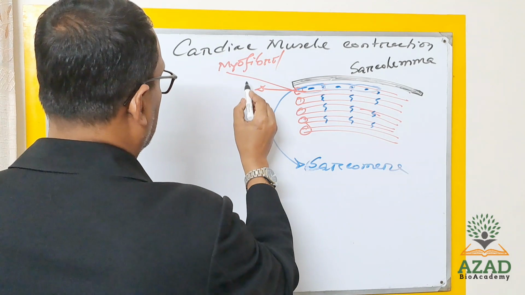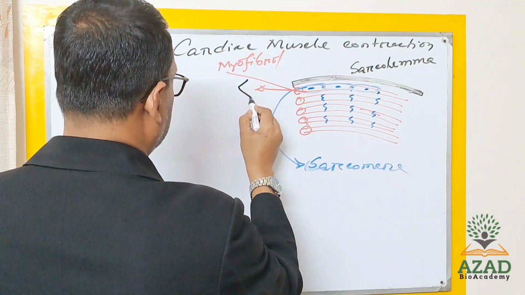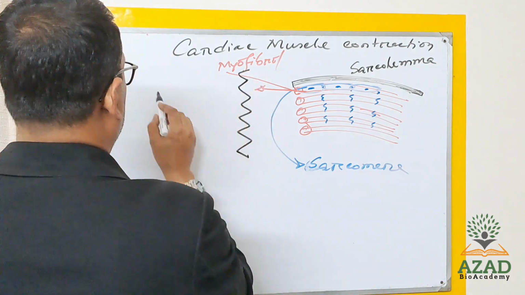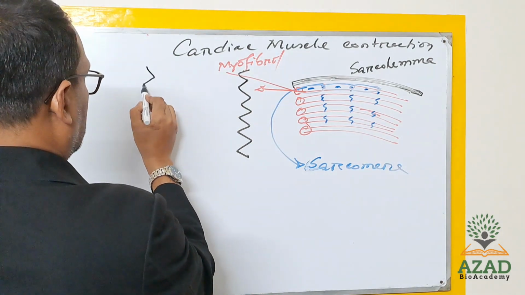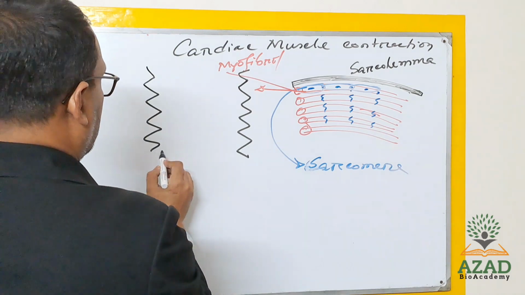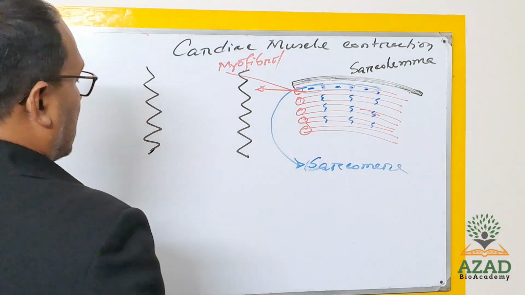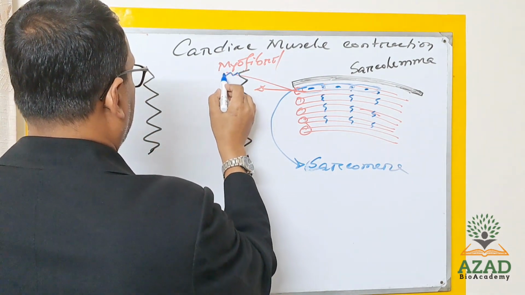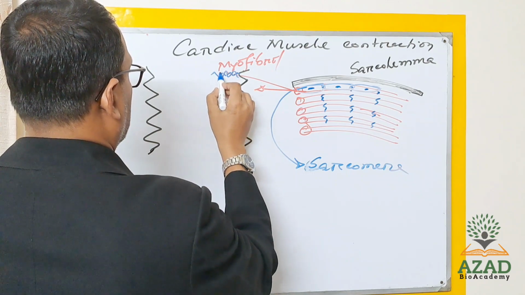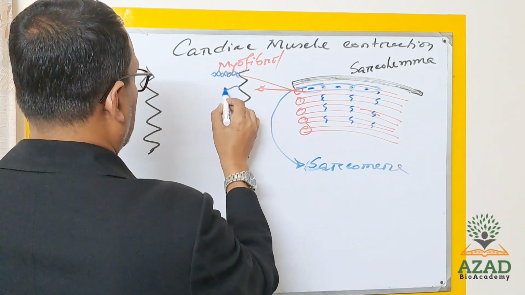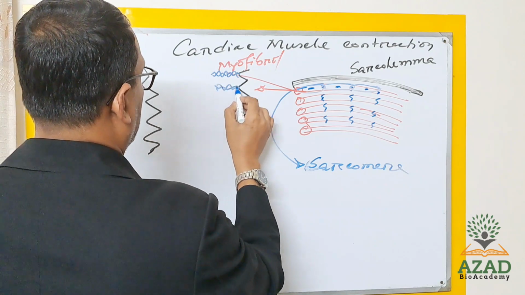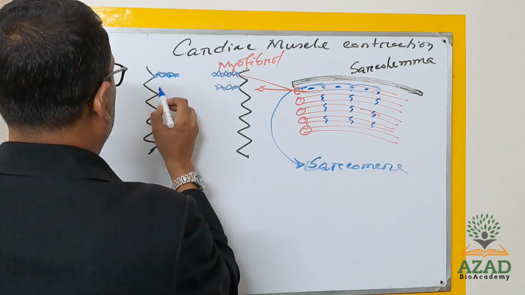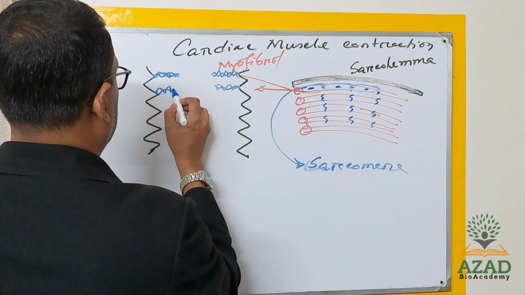This is a Z line, and here this one is also a Z line. Here the thin filaments are there, thin filament.